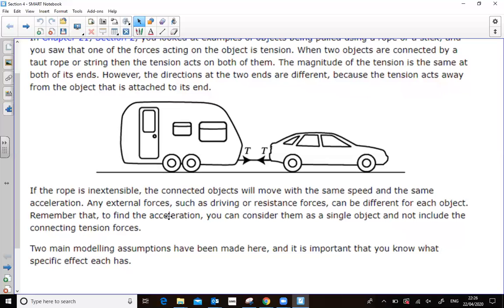Any external forces, such as driving or resistance forces, can be different for each object. Remember that to find the acceleration, you can consider them as a single object and not include the connecting tension forces. Two main modeling assumptions have been made here, and it is important that you know what specific effect each has.